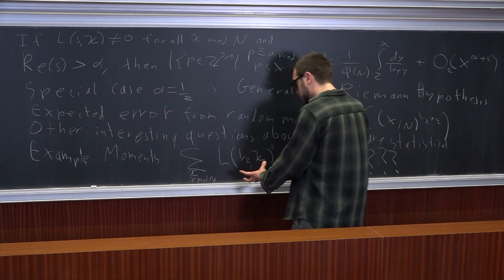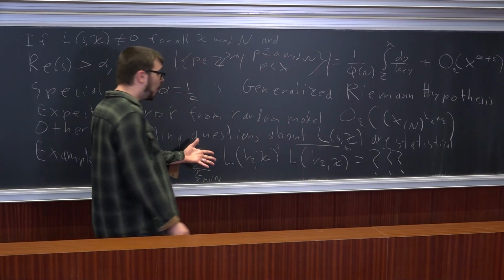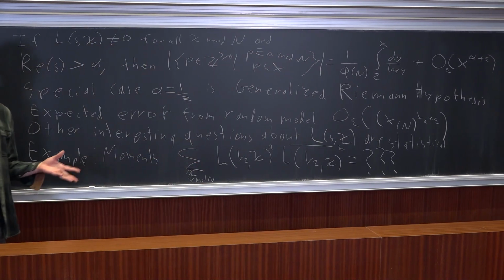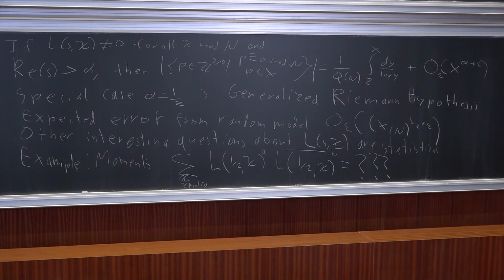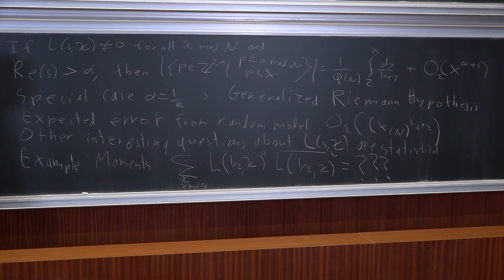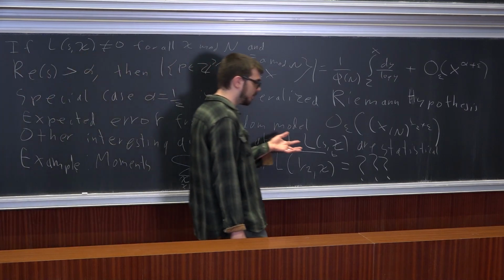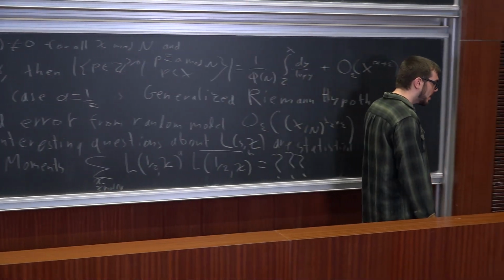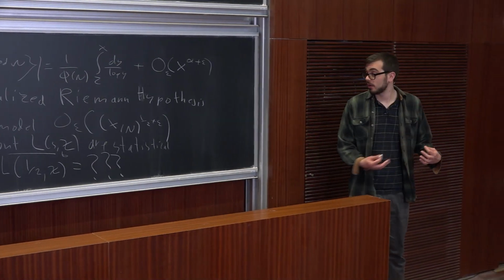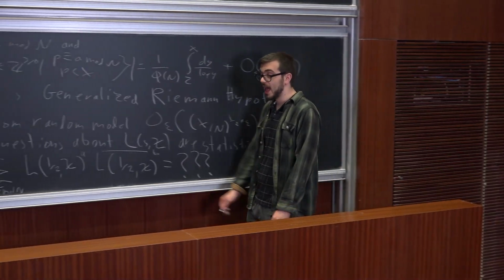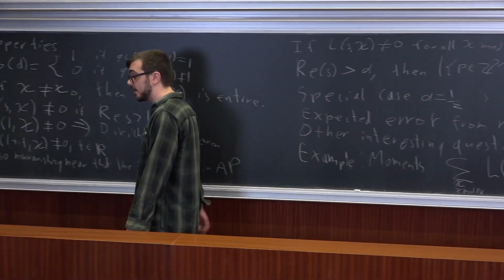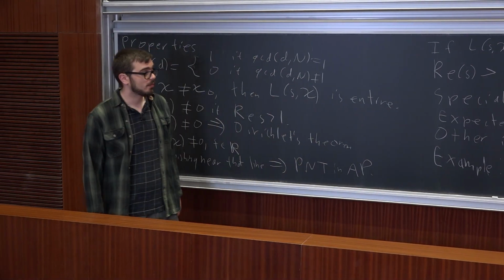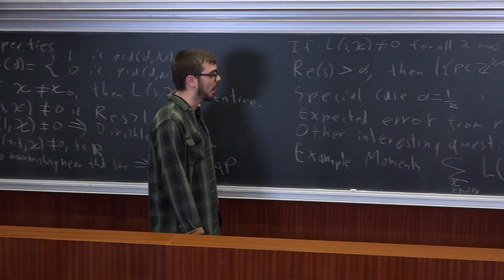So how can we give an approximate value for these sums over chi? If we could do that for many values of a and b, it would tell us a lot about how the value L(1/2, chi) is distributed as a random variable for a random chi, which is another question.